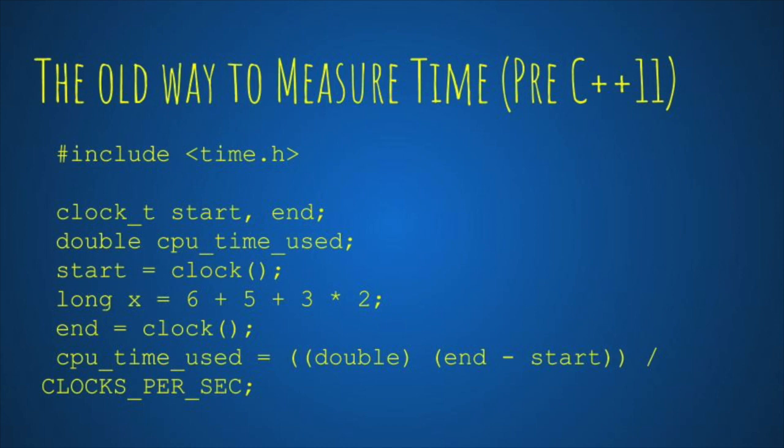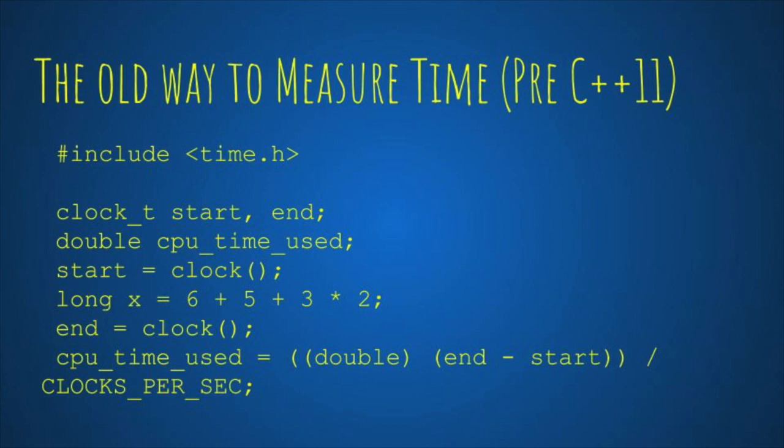You can see here where we use the clock function, the time function, and basically we are just taking two clocks. We're subtracting the difference, and then we're dividing it by a special constant that tells us the amount of CPU cycles or clocks per second. It's a kind of primitive way to measure performance, but it is what it is for the time being.